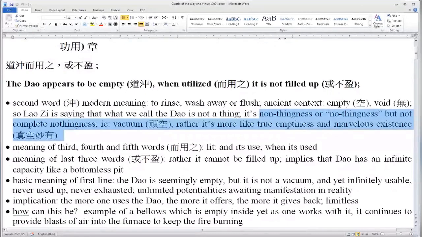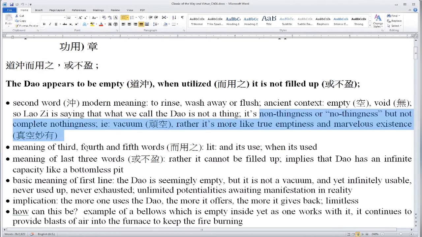But it's not nothing like total vacuum. We say emptiness, but the term should be true emptiness, a marvelous existence, okay? It just means that even though this Tao appears to be empty, it's not really empty. That's the problem with our language.